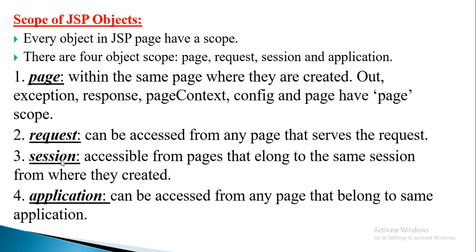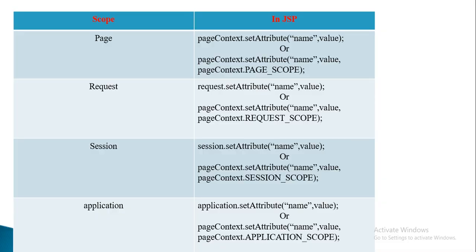Session means that the attribute is available throughout the session. Application means that the attribute is available throughout the web application, like global variables. Just see how we are defining these scopes using the page context object or the respective objects. Here I have given a syntax to define the scope of the objects.